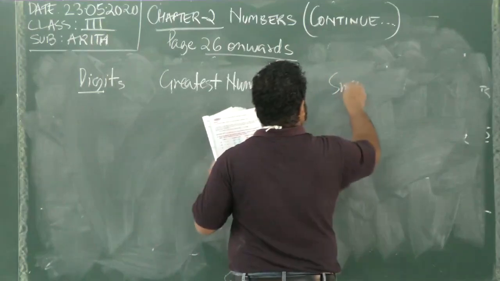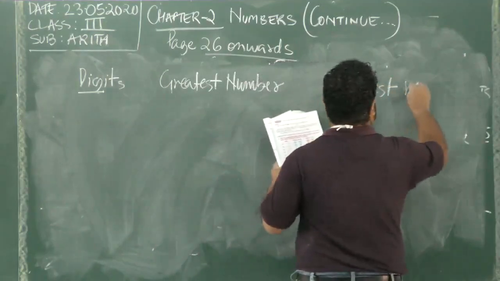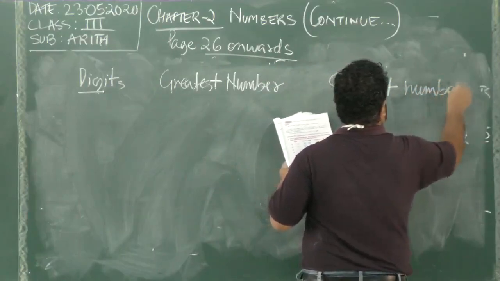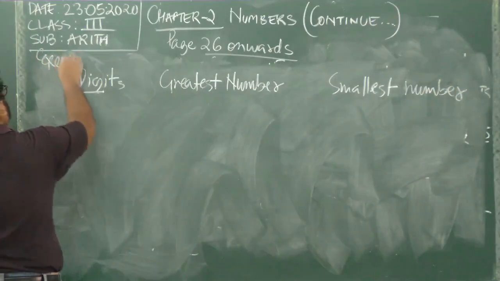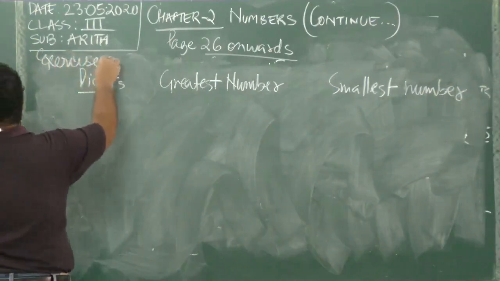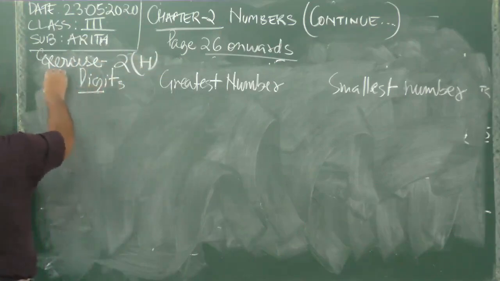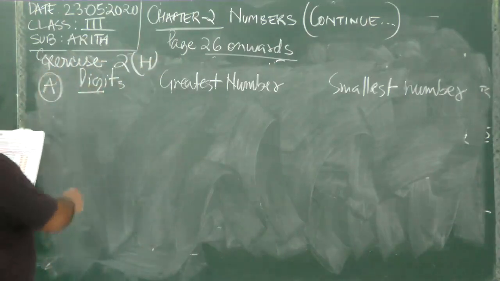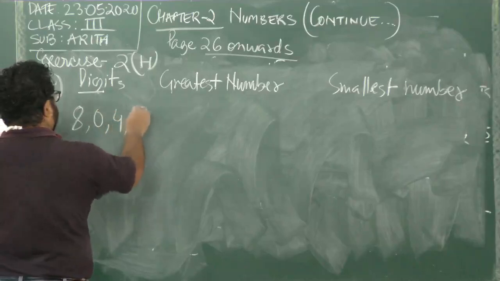This is exercise 2H, part A. Okay, so suppose I get an 8, a 0, a 4 and a 7.